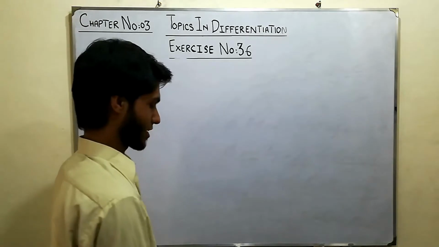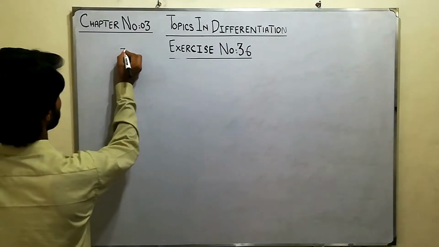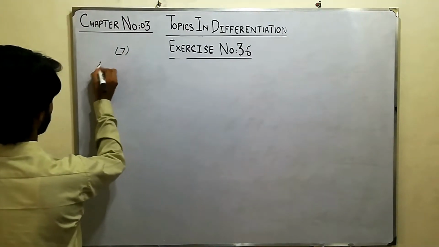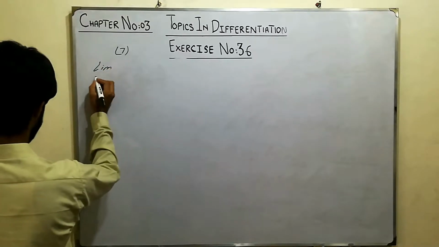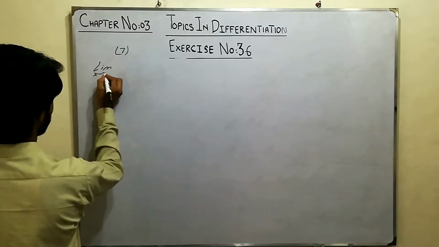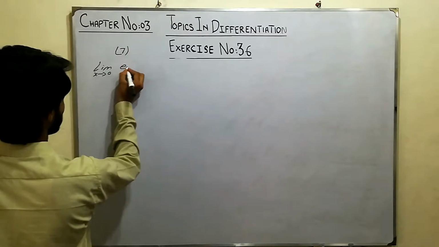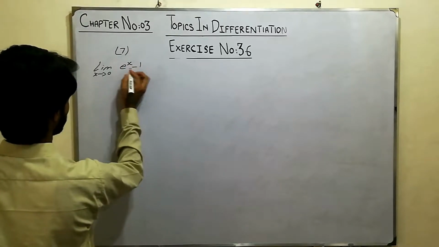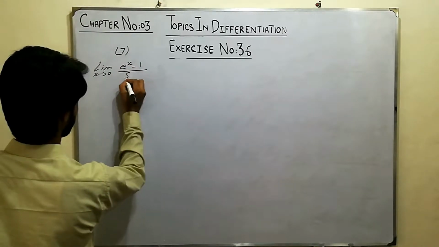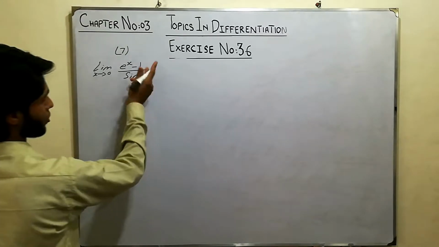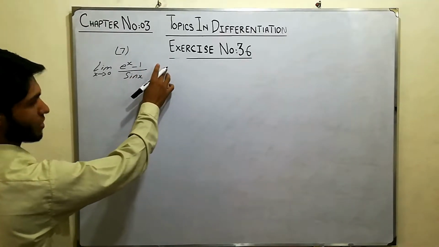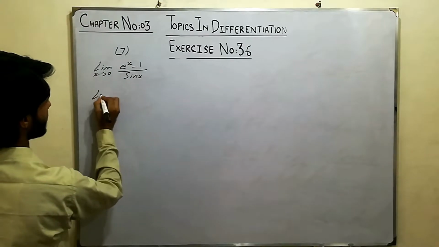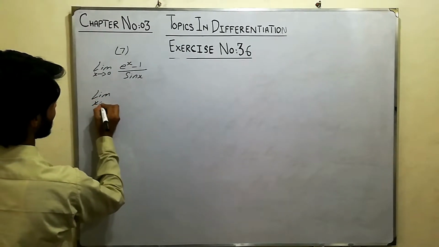Now we are going to the exercise, starting from question number 7. Question number 7, we have limit x approaches 0, (e to the x minus 1) divided by sin x. If we put the limit, we have the form of 0 by 0. So now take the separate derivative of the numerator and denominator.